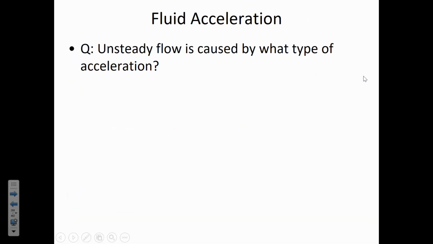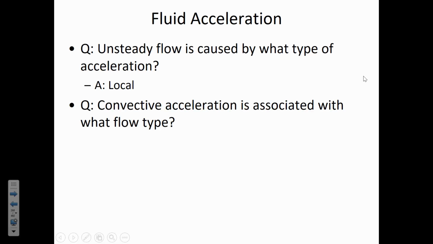So a bit of review related to fluid acceleration. Unsteady flow is caused by what kind of acceleration? Local? Right. So unsteady flow is when conditions are changing over time. And so local acceleration is the acceleration type where a fluid is changing with respect to time.